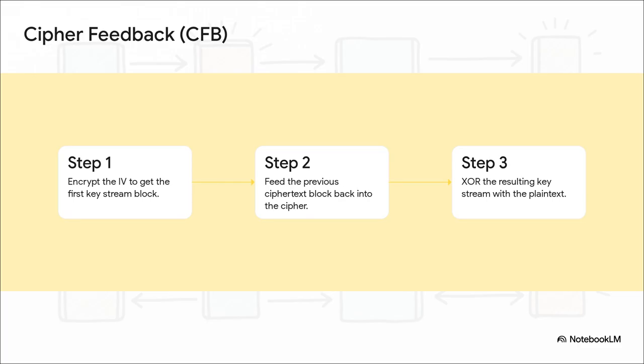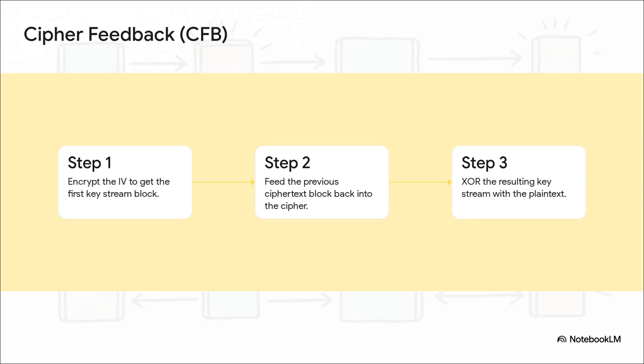Now, cipher feedback mode, or CFB, looks almost identical at first glance, but there is one crucial twist. You still kickstart it by encrypting the IV, but to generate the next block of the key stream, you don't feed back the cipher's internal output. No, you feed back the actual final ciphertext, the encrypted message you just produced.